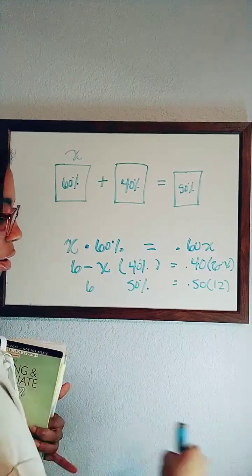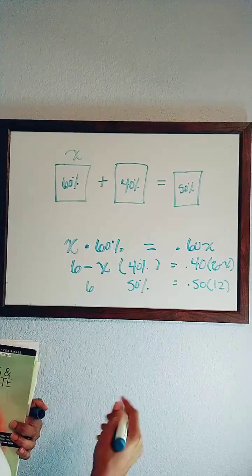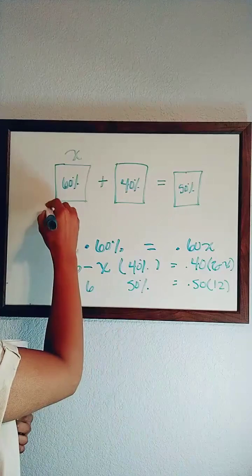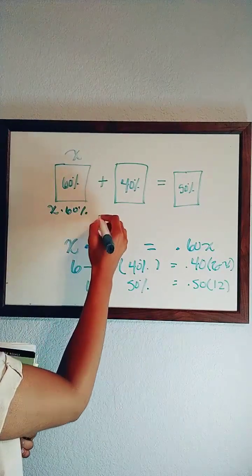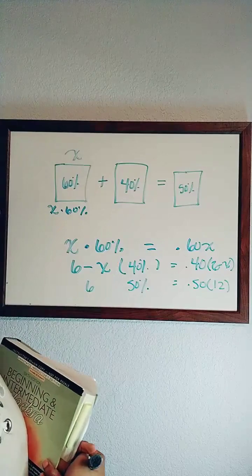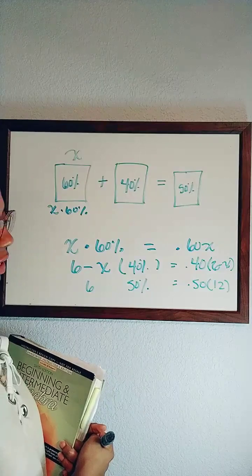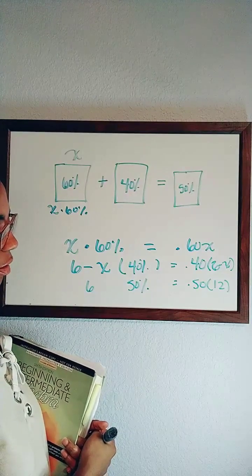Yeah, when I got it wrong, it says the amount of gallons of 60% orange juice drink is 6 gallons. Yeah, that's the answer.